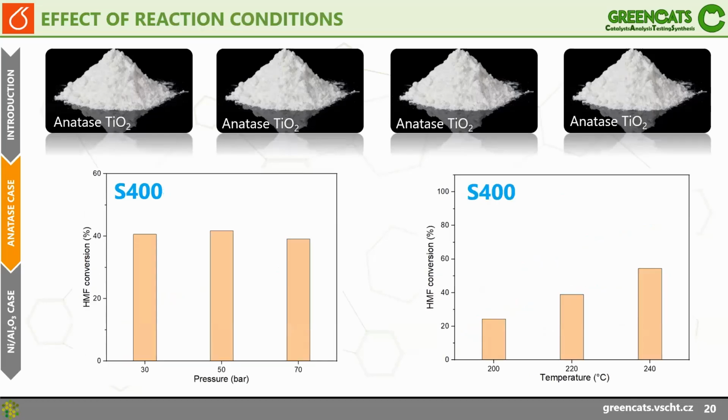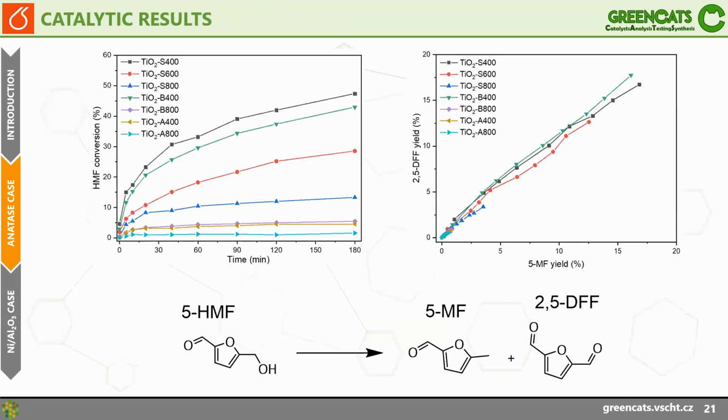The effect of pressure was basically negligible in this case, showing that the reaction is happening on the surface without involvement of whatever we have in the gas phase. Then there is an increase with the reaction temperature, again something you would have expected: the reaction rate is going to increase, and you will have higher conversion of HMF.